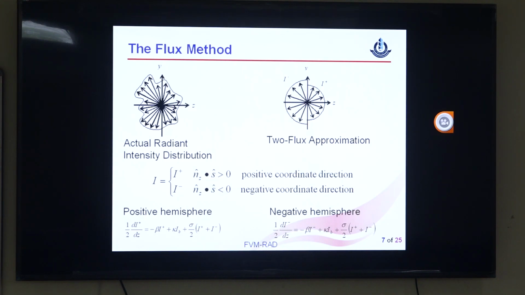So in different directions you have a very unstructured format, right? But what the flux method does is this. The intensity distribution is spherical in nature, meaning in the total sphere, how the intensity varies in different directions has been shown in the left figure.